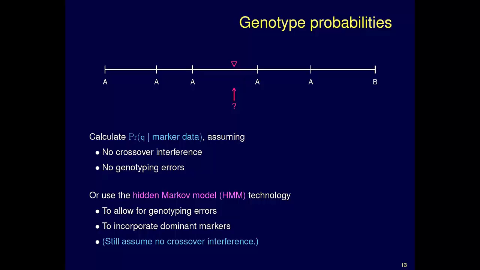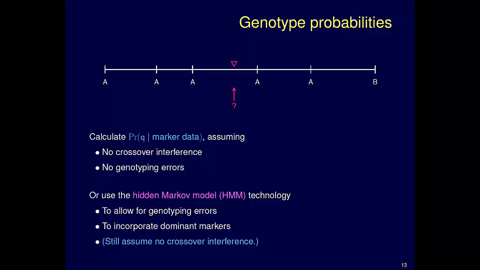The simplest assumption to make is that these genotypes are without error. There's no possibility that's not the true genotype at those locations, and that the recombination process exhibits no crossover interference, which means the locations of these crossover events are at random in a certain way.